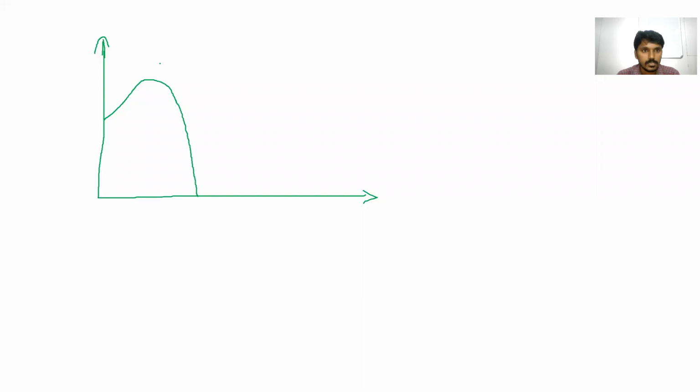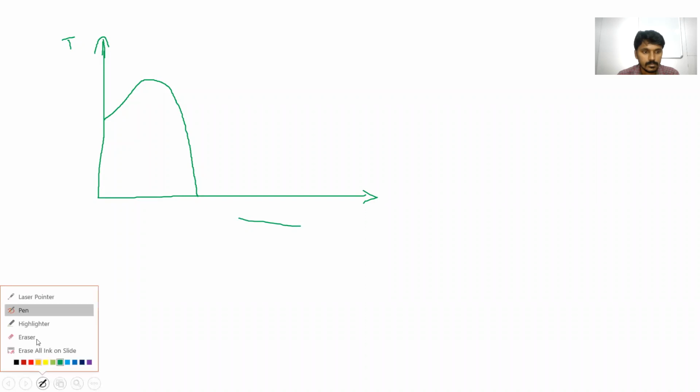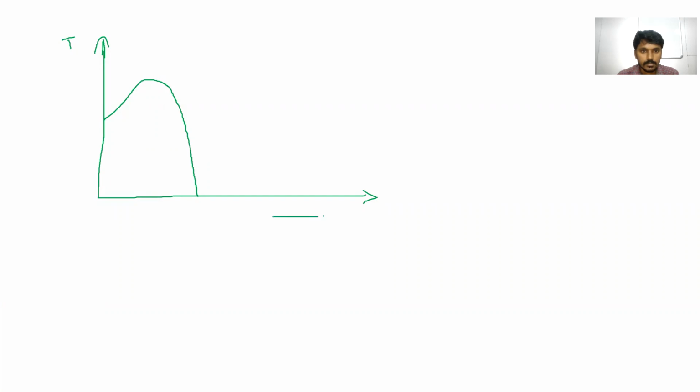This is the torque, and this is the speed. On the X axis we have taken the speed, maybe RPM or RPS or radians per second, and on the Y axis we have taken the torque. Clear?